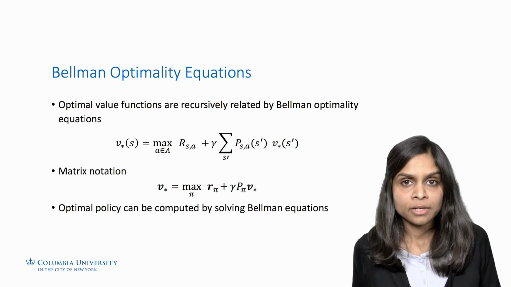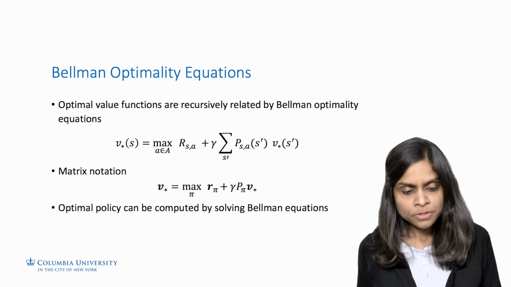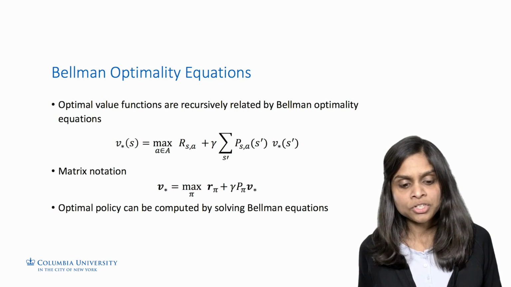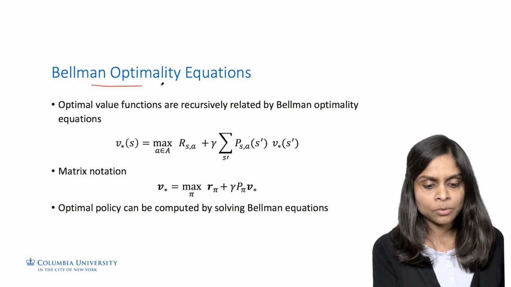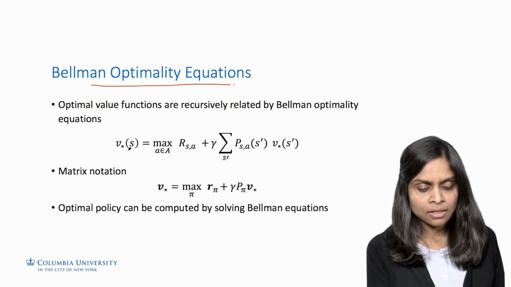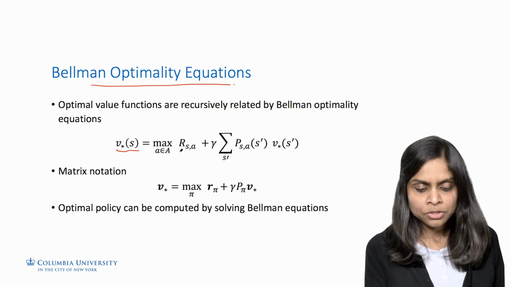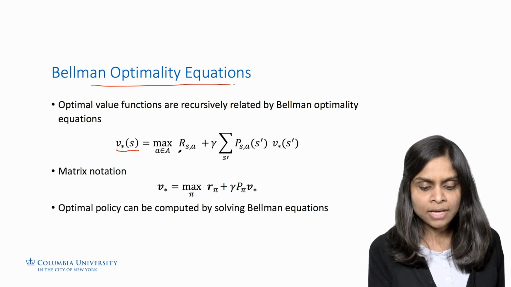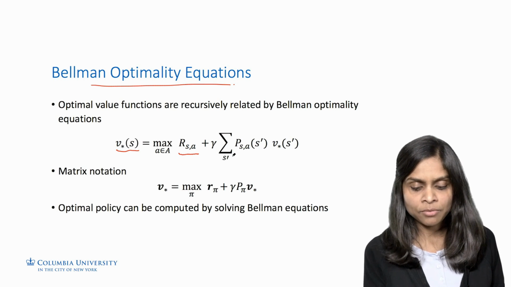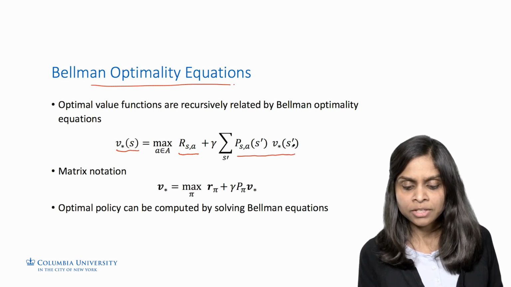One of the most fundamental discoveries in the theory of MDPs, which forms the basis for optimal policy search, is the Bellman optimality equation. These are recursive equations relating the optimal value function to the sum of the best possible expected immediate reward and a discount times the expected value of the next state.